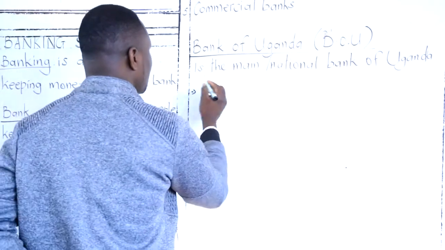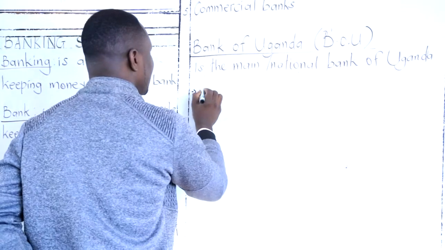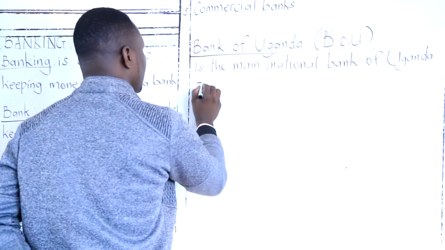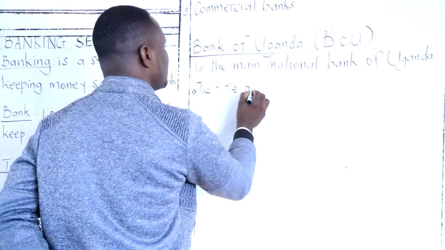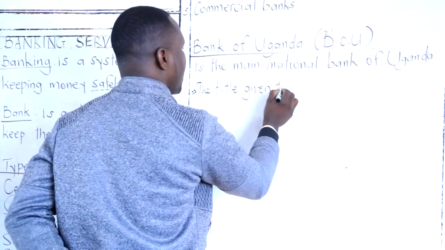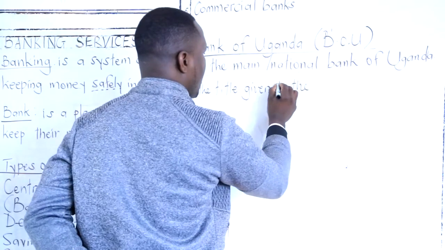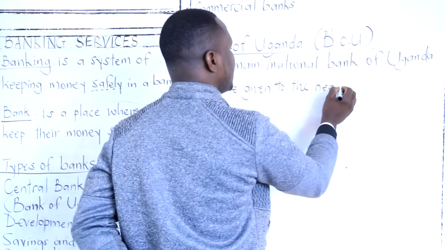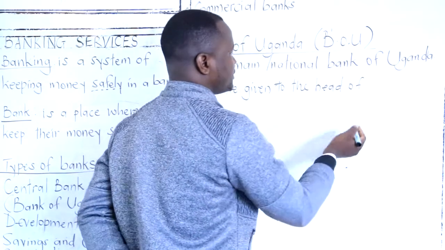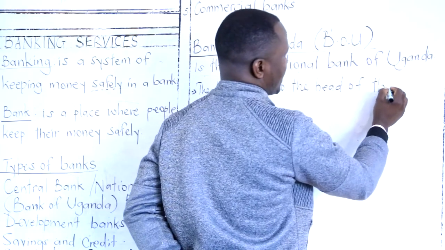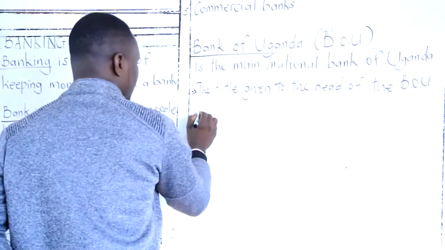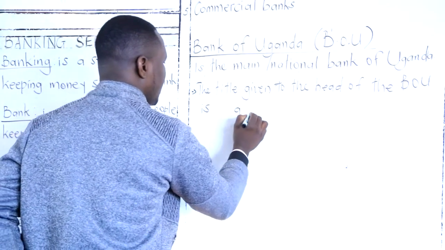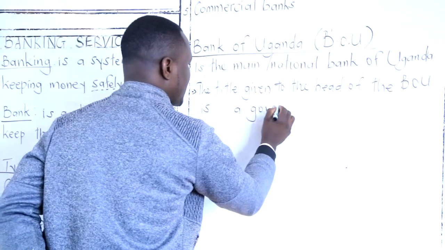So we are going to have another sentence that the title given to the head of the Bank of Uganda is a governor.